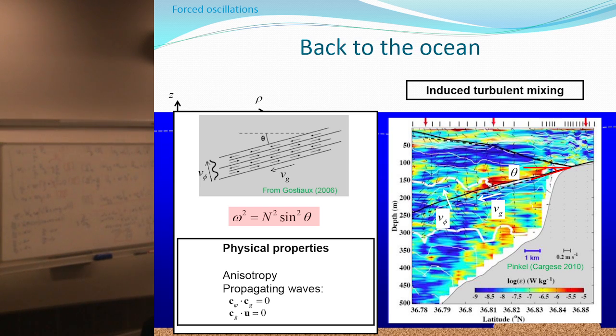These red patches correspond to zones of intense mixing, and we can see that they more or less follow this black line here for the downward beam. So intense mixing happens on the path of internal waves. This is a way to picture the mixing that is induced by these waves. Can you see these zones here that are on the path of the propagating internal waves? So group energy going this way, group speed this way, and phase speed this way.